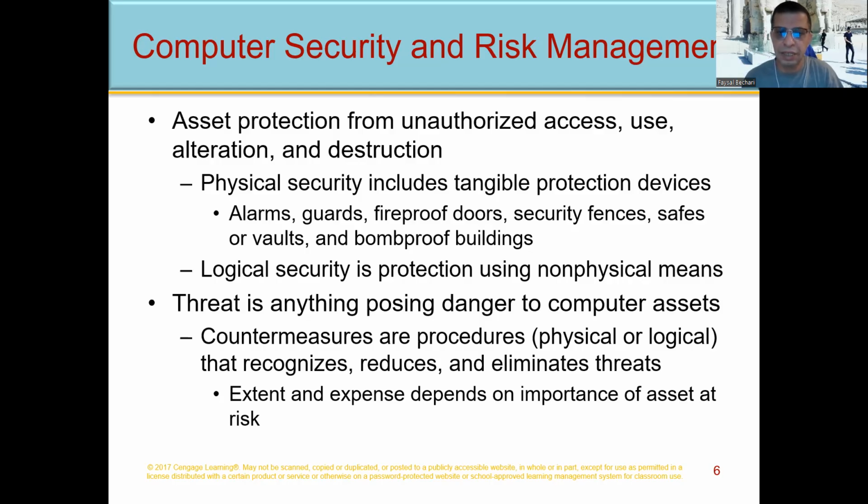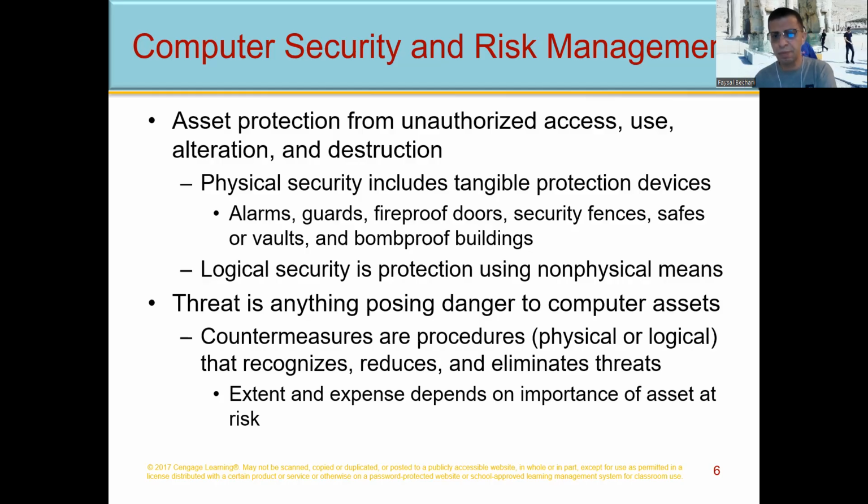So the threat is anything posing danger to computer assets, and not only software or hardware. The countermeasures can be physical or logical, and they recognize, reduce, and eliminate threats, like risk management.